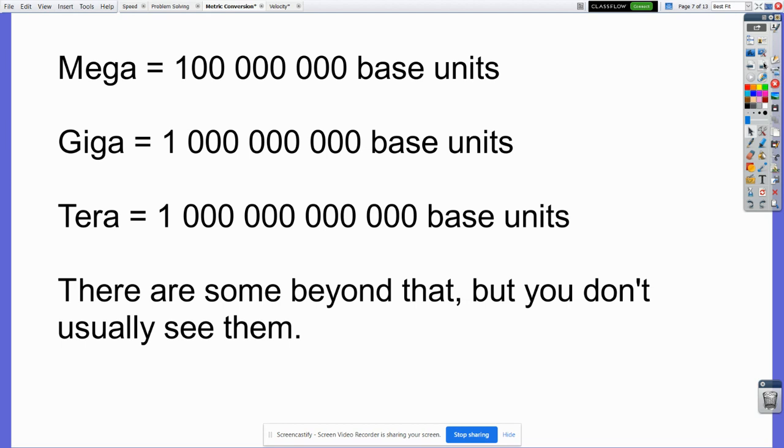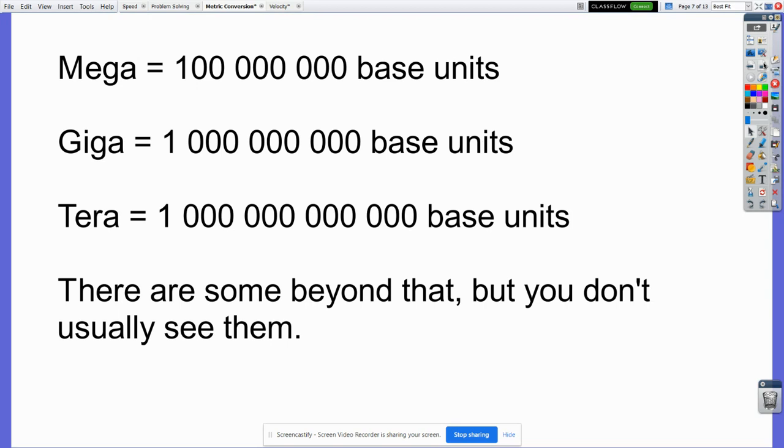Mega is 1,000,000 base units. That one's pretty easy to remember because of the lottery game, Mega Millions. A megabyte would be 1,000,000 bytes. Giga is 1,000,000,000, so a gigabyte is 1,000,000,000 bytes.